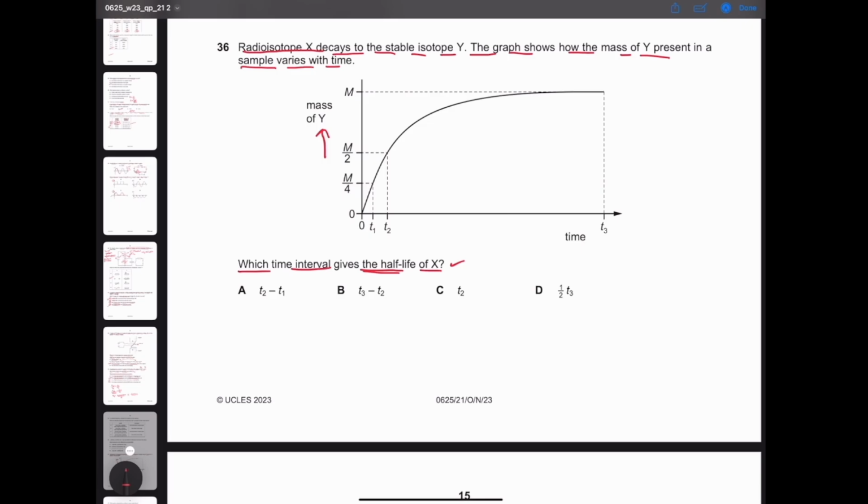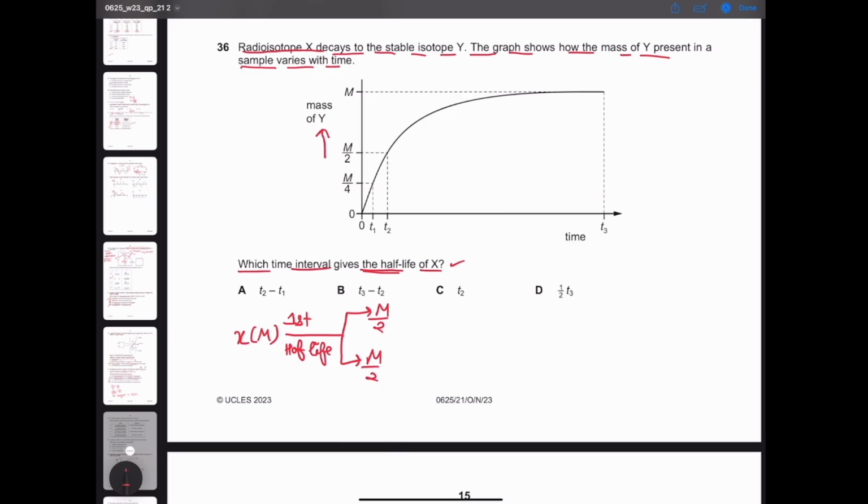There is your isotope X. It has initial mass m. When it starts to decay, means when it undergoes the first half life, it splits into two parts, m by 2 and m by 2, right?